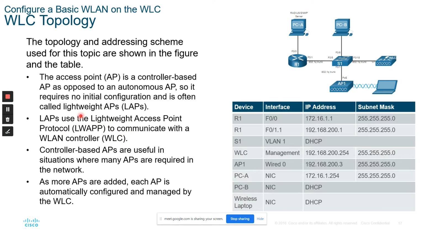These controller-based access points are very useful where you have to install a number of access points in your network because of the light configuration. Literally no configuration is required, apart from setting up the interface, the network SSIDs, and that's it.